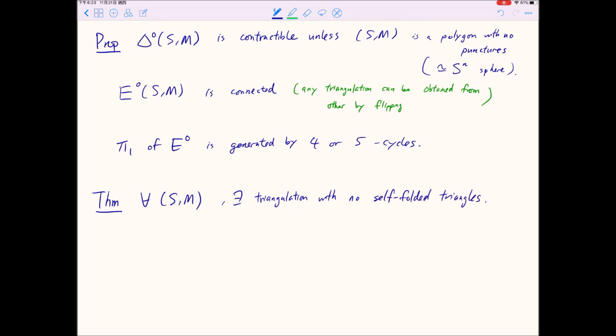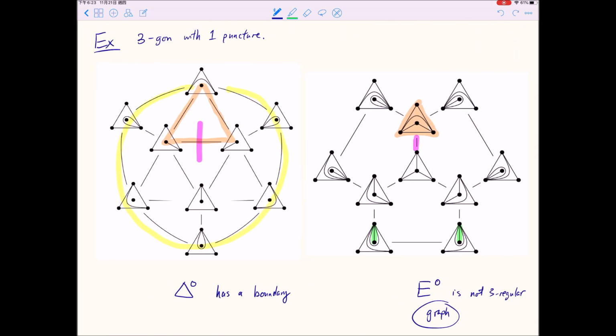Which means that if you start with this triangulation, you can mutate, or you can flip, in all directions. So you can flip every internal edge of this triangulation. So in this example, this triangulation will be the good one because it has no self-folded triangle. But of course, the highlighted one is also good.